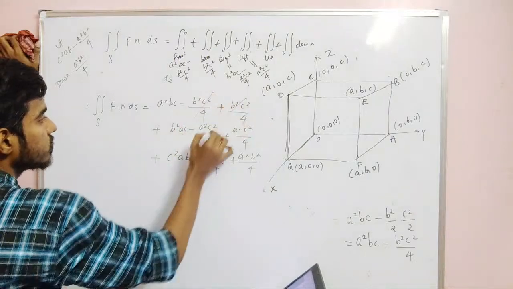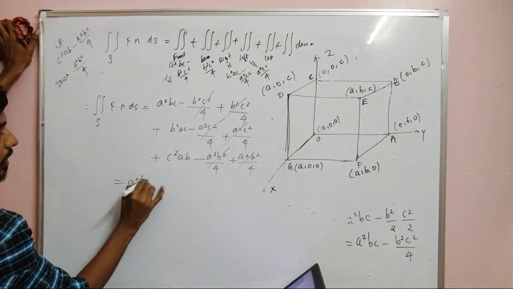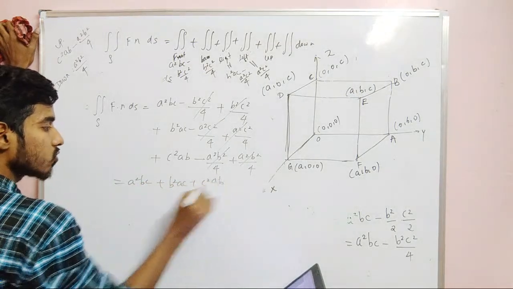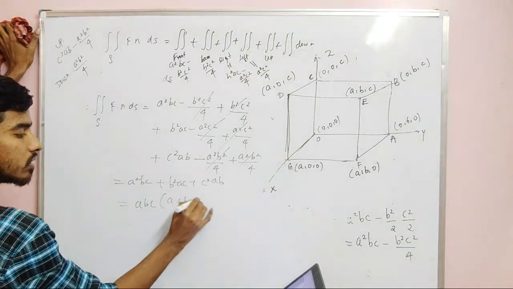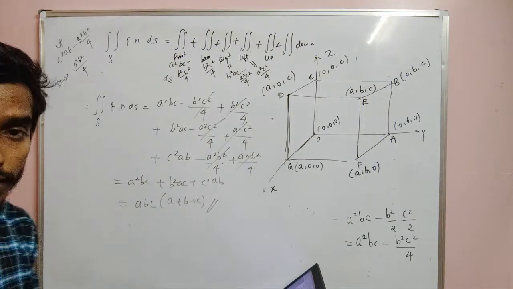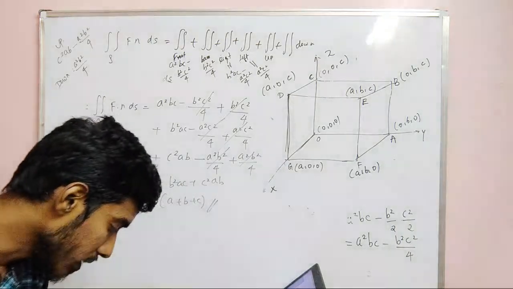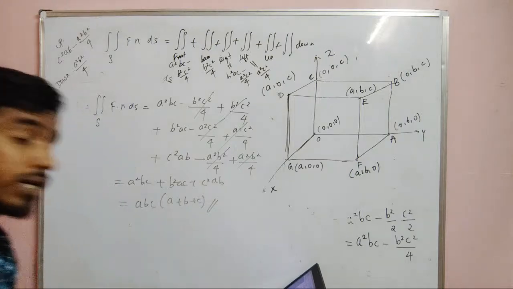When I simplify this, you can see this gets cancelled. So we have a square bc plus b square ac plus c square ab. Now if I take abc common, we will have a plus b plus c. Therefore the volume integral del dot F dv is the same as the surface integral over S of F dot n dS. So we have verified the Gauss divergence theorem.